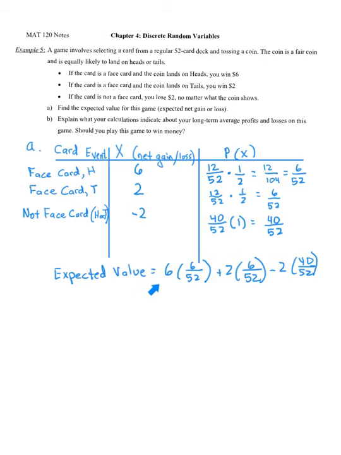So we went ahead and wrote that down, and when we compute this, we'll get a negative value, which means we expect that we're going to lose about 62 cents every time we play this game. And that's rounded to the nearest cent.